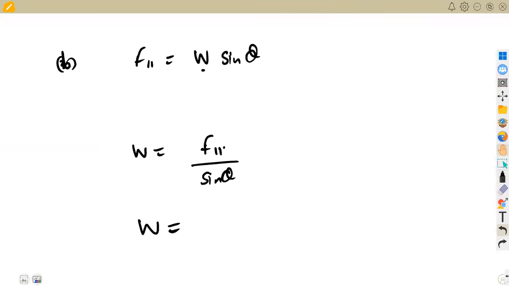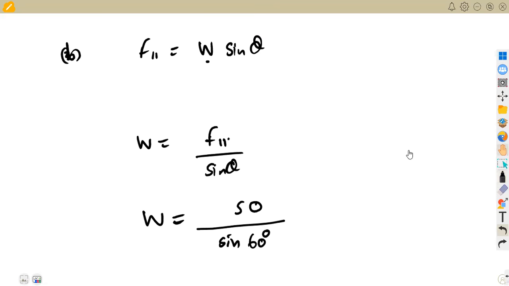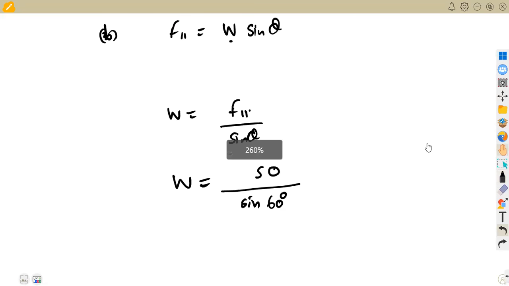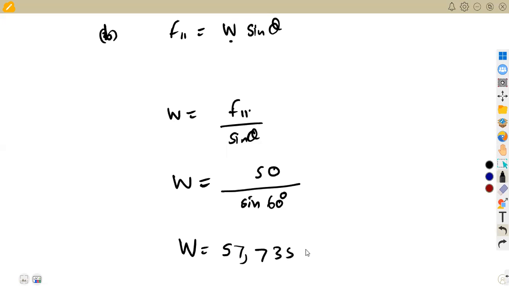So it's 50 divided by sine of the angle theta, 60 degrees in this case. All right, that's it. We are going to have the weight of the body, not of the object, that of that other part of the object there. So this is going to be 57.735 Newton in this case. All right. So that was going to be the weight in this case.